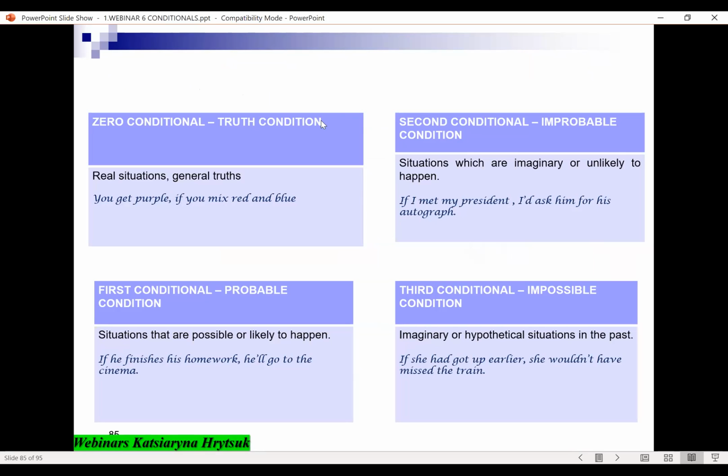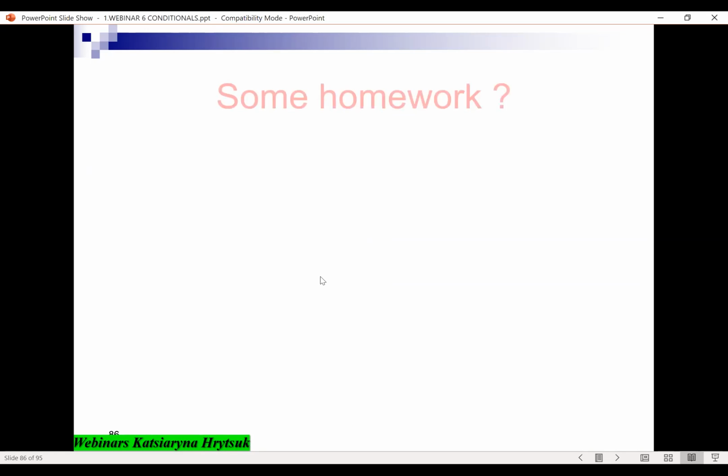Zero, truth. First, probability. Second, something improbable, an imaginary situation. And third, impossible or imaginary in the past, or regrets. Okay, let me move you here.